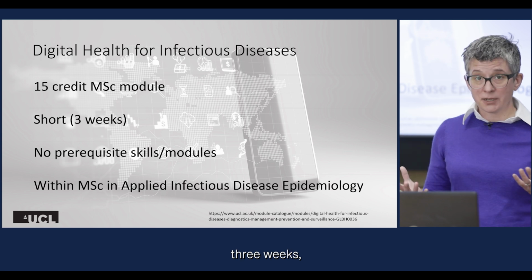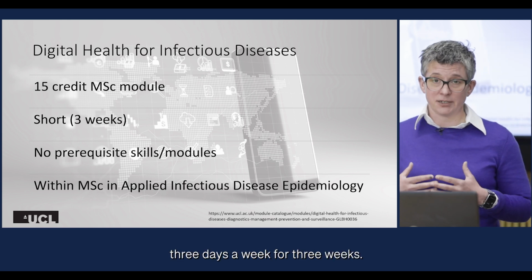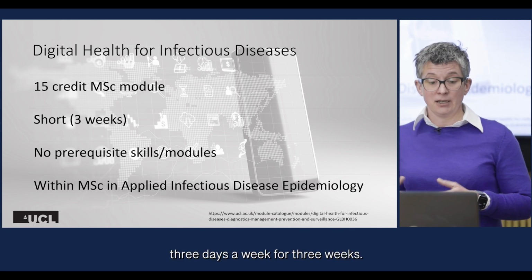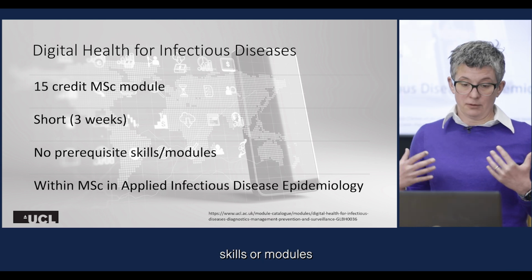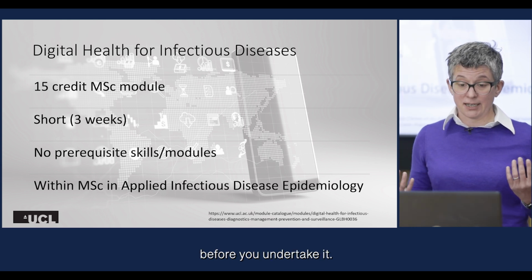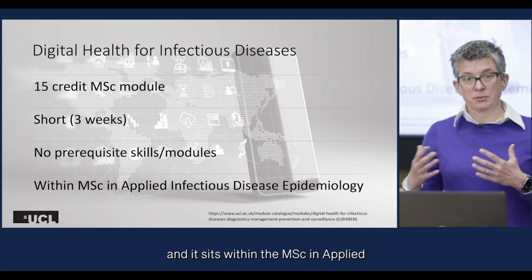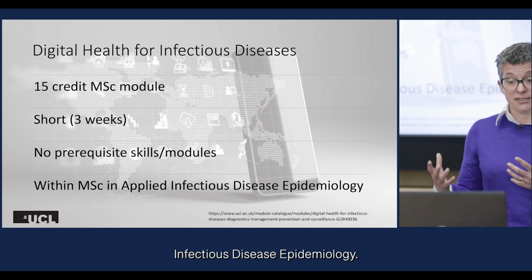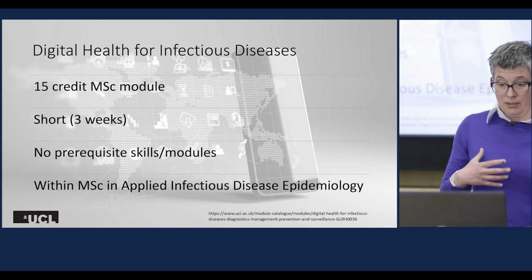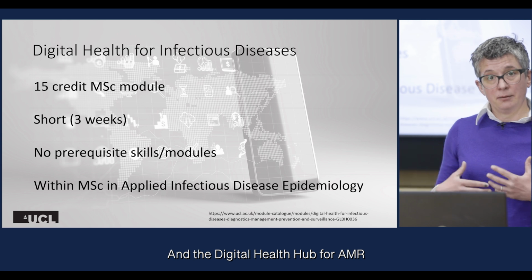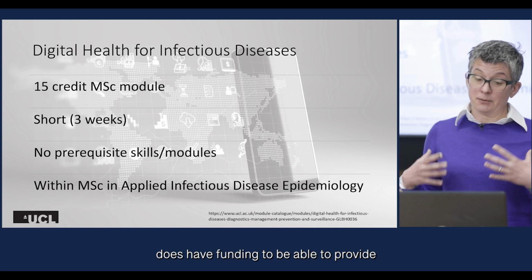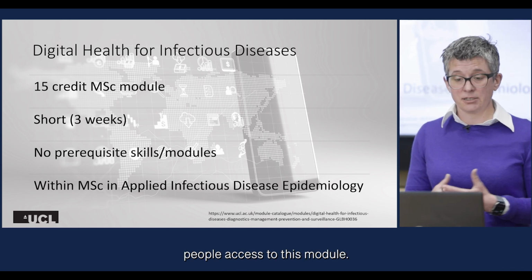It runs over 3 weeks, 3 days a week for 3 weeks. There are no prerequisite skills or modules needed before you undertake it, apart from the general UCL requirements. It sits within the MSc in Applied Infectious Disease Epidemiology. And the Digital Health Hub for AMR does have funding to provide people access to this module.